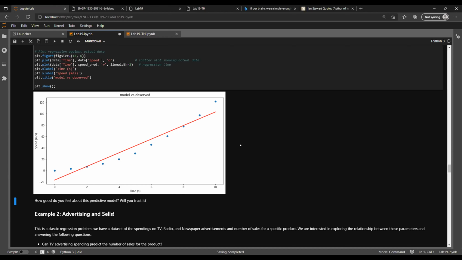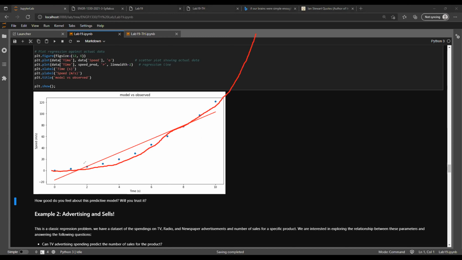Do you guys trust the model at 60 seconds? No? Why is that? It visually doesn't appear to be linear. I tend to agree. I think there's some kind of maybe quadratic thing going on here.